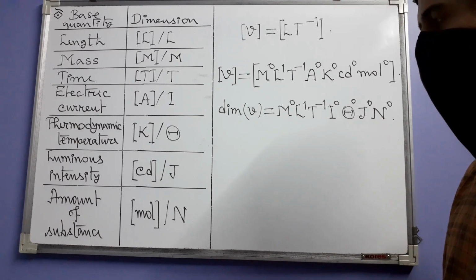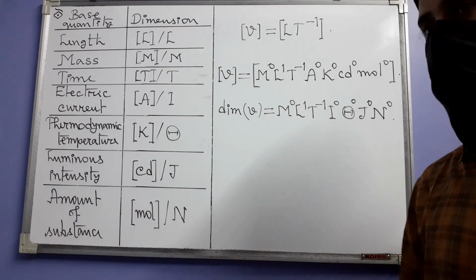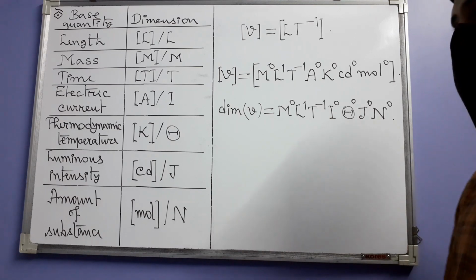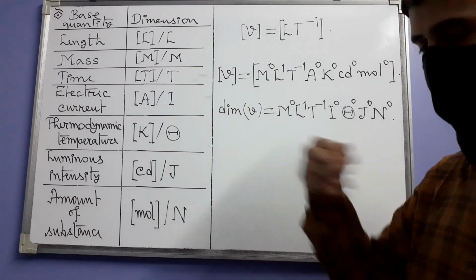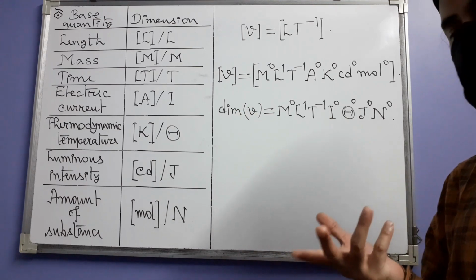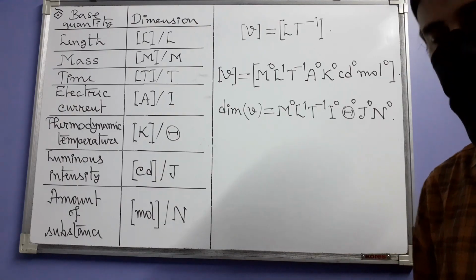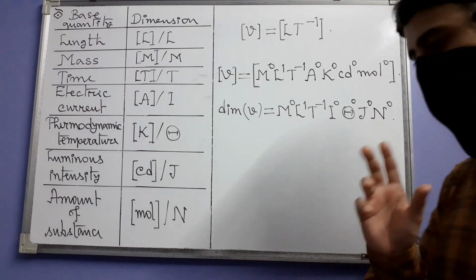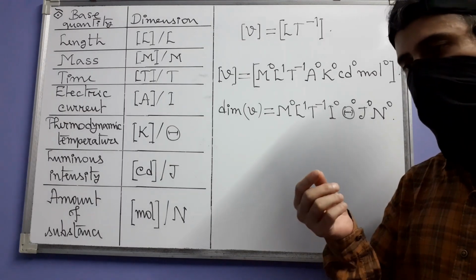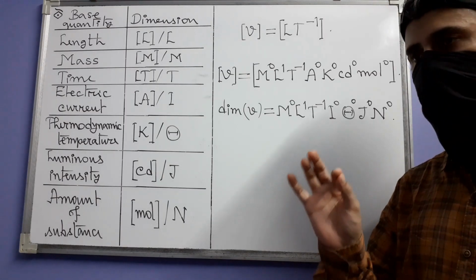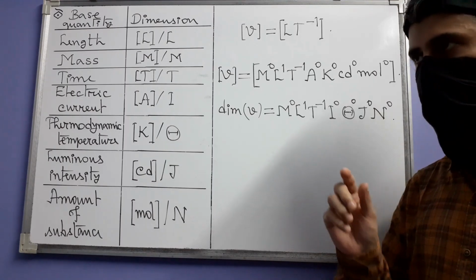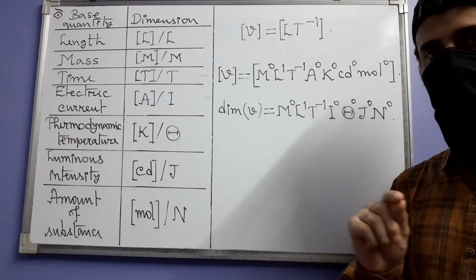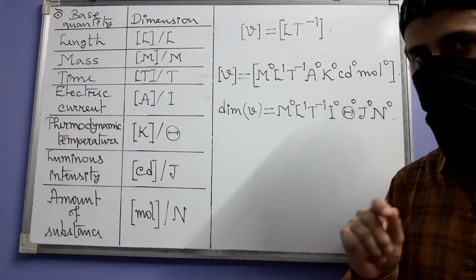For example, mass plays a role in the quantity momentum. Mass plays a role in the quantity mass itself. Mass plays a role in the quantity force. So if we are considering physical quantities which in one way or another involve mass, length and time, then we do show M, L and T, even if one or more of them actually have no role to play in that quantity.